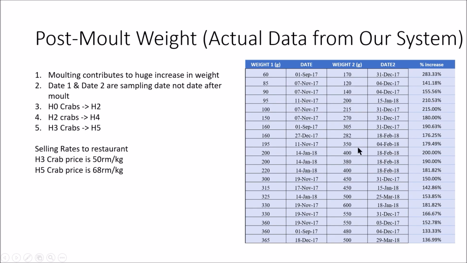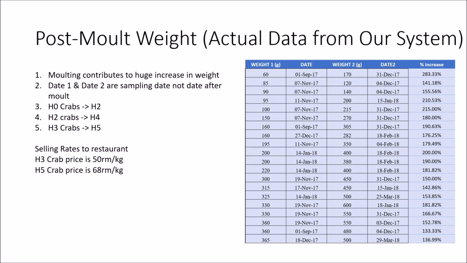A 200 to 300 gram crab, after molting, will get to about 400, 450, and a 300 gram crab will gain up to about 500. I would say a general conservative amount is to account for about a 60% increase in weight after every molt. That's how we model how much weight gain we have when molting.